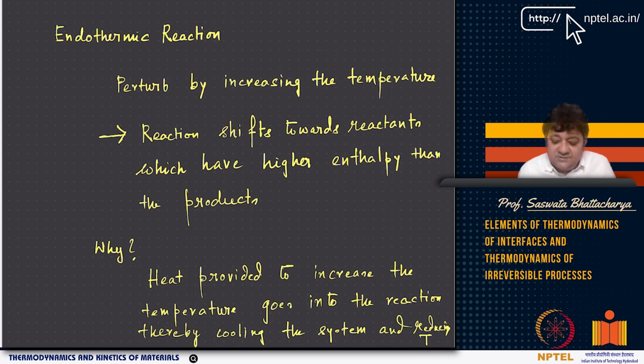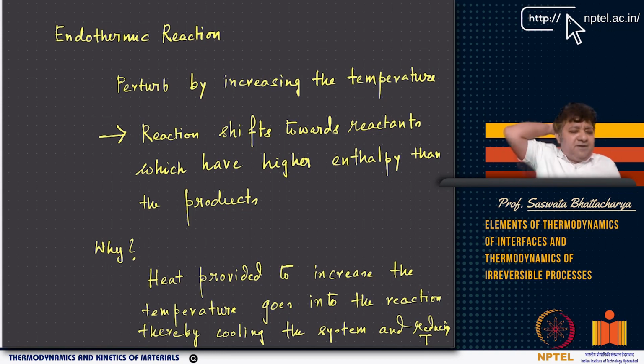Why? Because the heat provided to increase the temperature goes into the reaction, thereby cooling the system and reducing the heat. Right? If I am increasing the temperature of the system, the reaction is shifting towards the reactants, because then the heat provided to increase the temperature will go into the reaction.